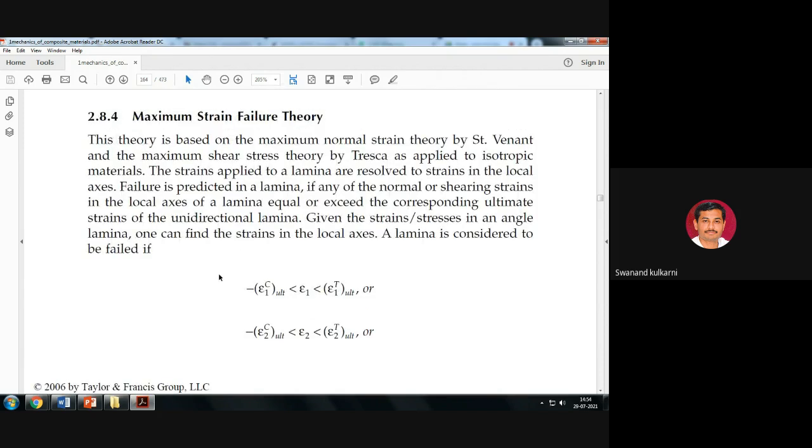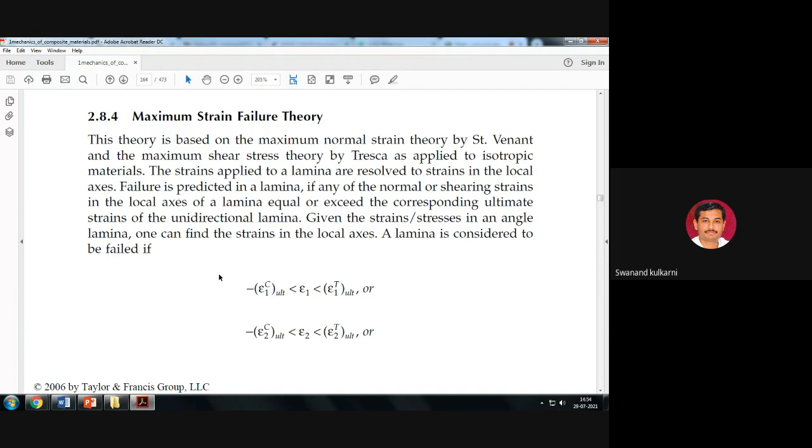For maximum strain failure theory, in case of composite material, one important thing we should keep in mind is that the maximum shear stress theory by Tresca and maximum normal strain theory by Saint Venant are referred to in order to give the results in case of composite lamina. So this theory is based on maximum normal strain theory by Saint Venant and maximum shear stress theory by Tresca.